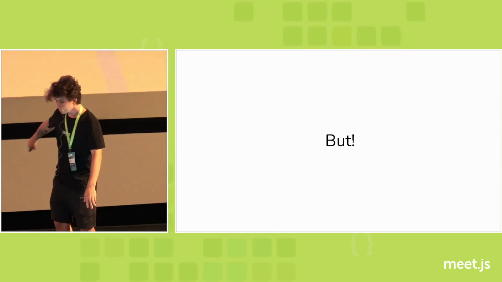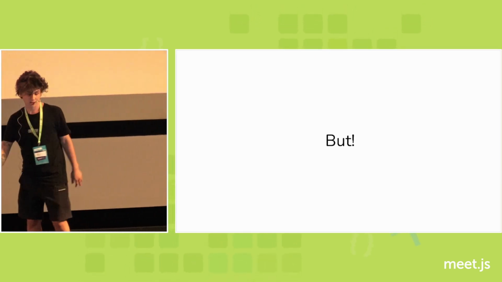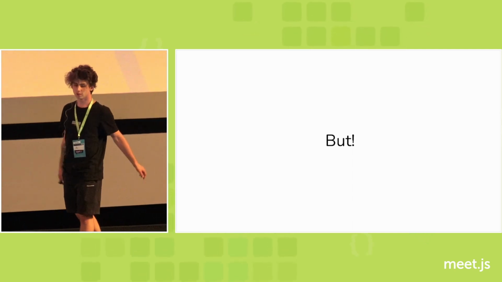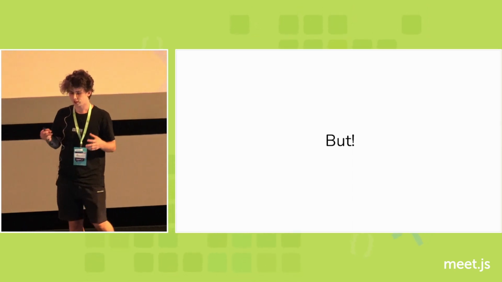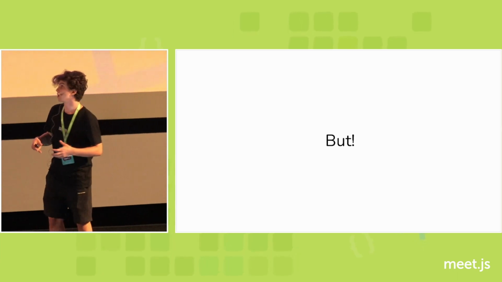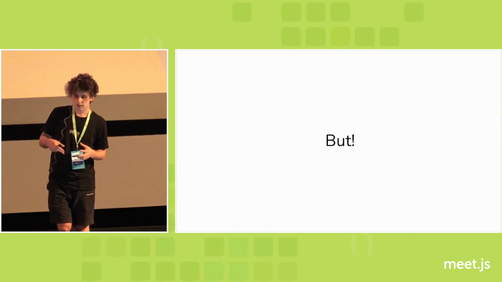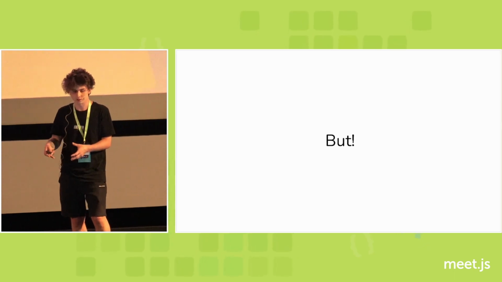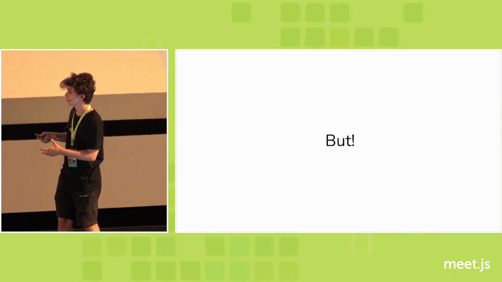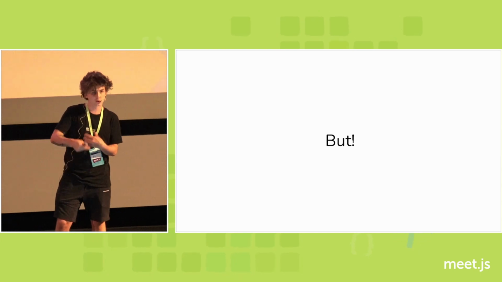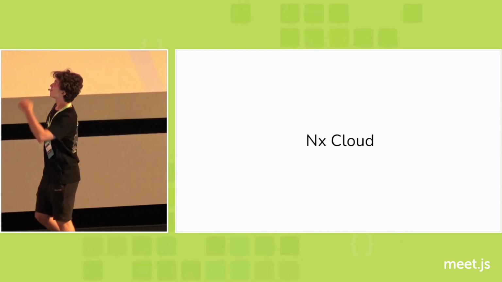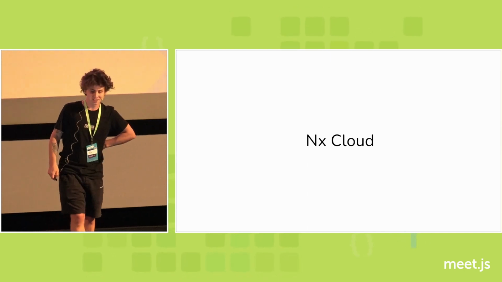But how does the CI system know about this cache? Because Nx, by default, builds your libraries and holds the cache inside your local machine. If you want to share the cache, we need to store it somewhere. Of course, they have a paid solution, Nx Cloud.